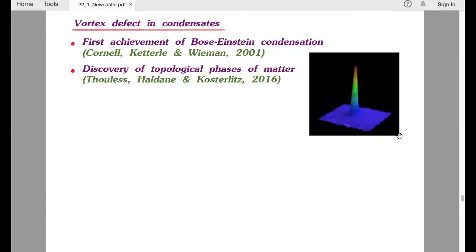Because of this, soon afterwards, people looked for defects, and the role of topological phases of matter in this condensed state. This work was awarded another Nobel Prize, to Thouless, Haldane, and Kosterlitz in 2016.